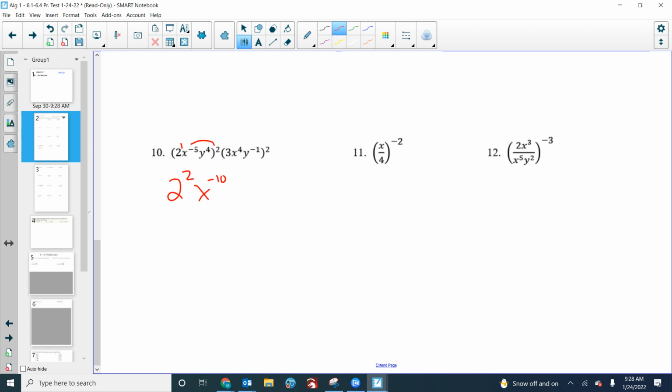It's negative 10. And then 4 times 2 would be what? Okay. Now that's this. Now we're going to do the same thing here. What's 3 being squared? It's just 3 to the second power, right? Which is what? Nope. 3 squared is 9.